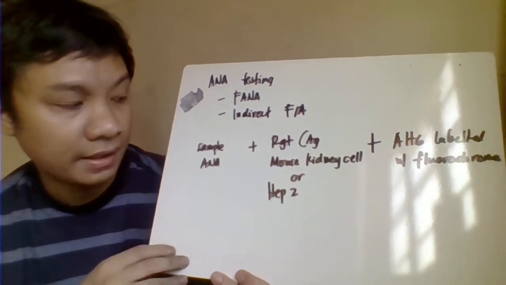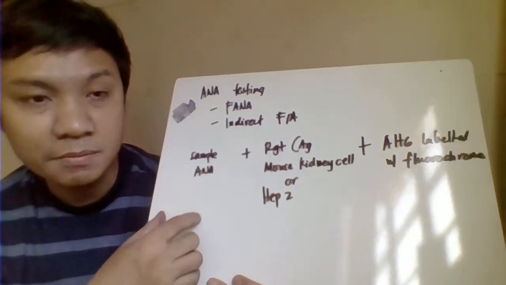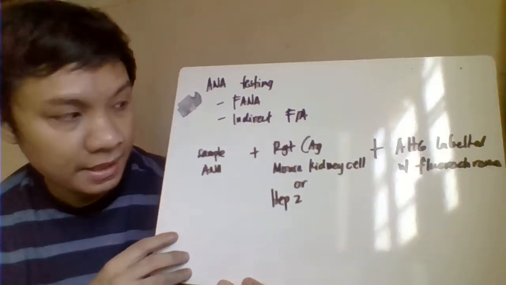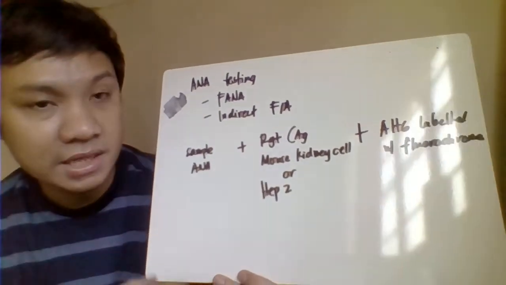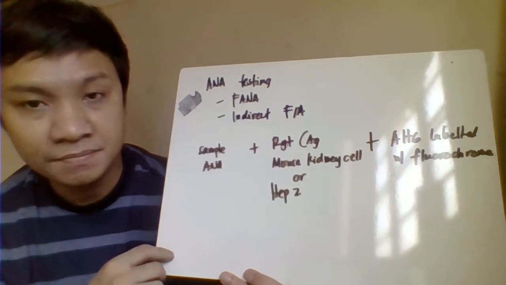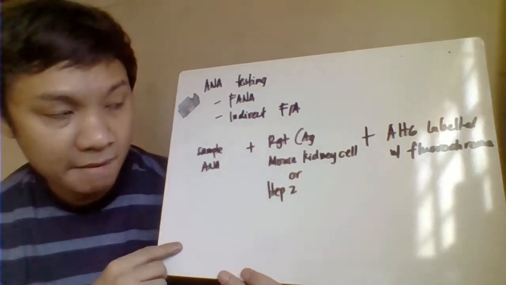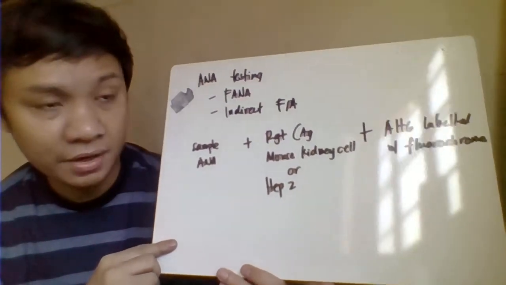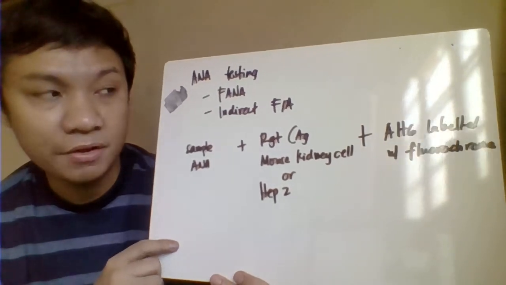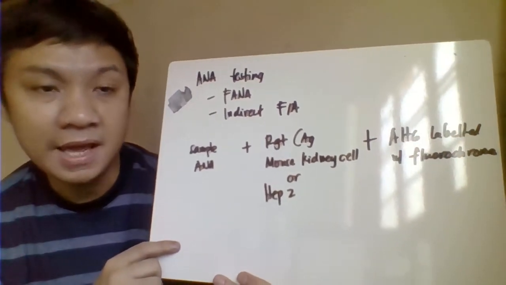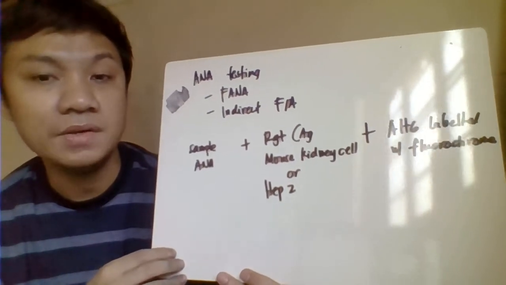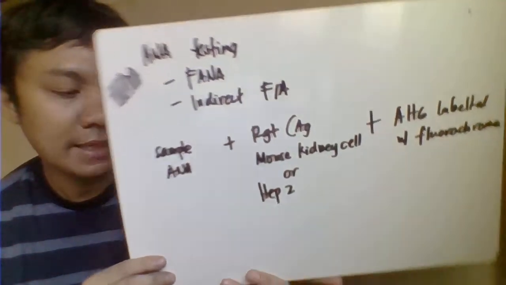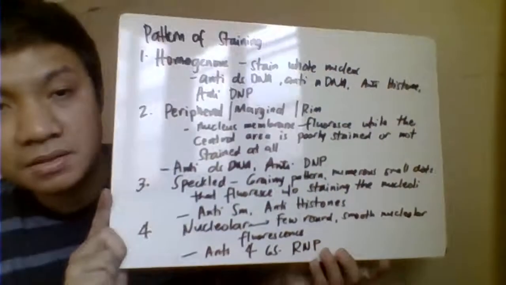So your sample, the serum, contains your anti-nuclear antibody. The reagent here is your antigen containing the mouse kidney cell or your human epithelial cells or the HEp-2 cell. Then you add your anti-human globulin labeled with your fluorochrome, and then you read the result microscopically with your fluorescent microscope and try to observe the different patterns.